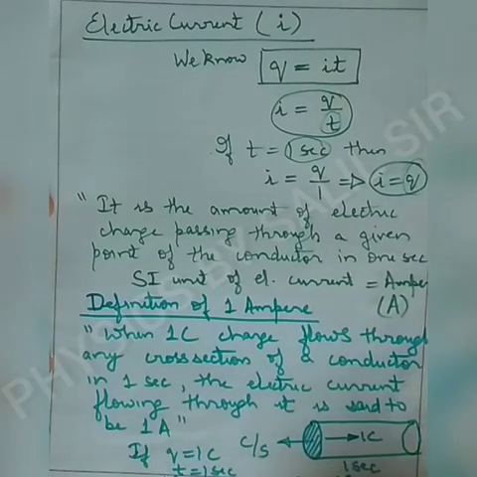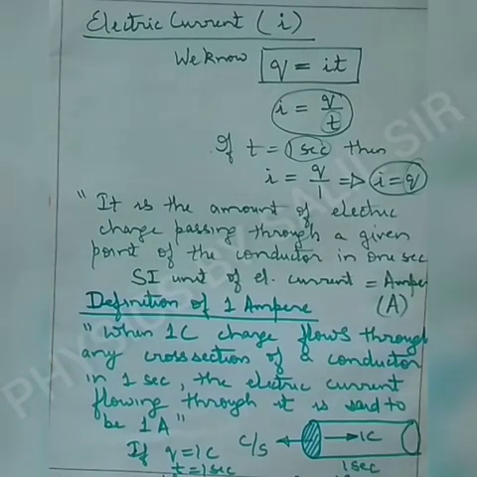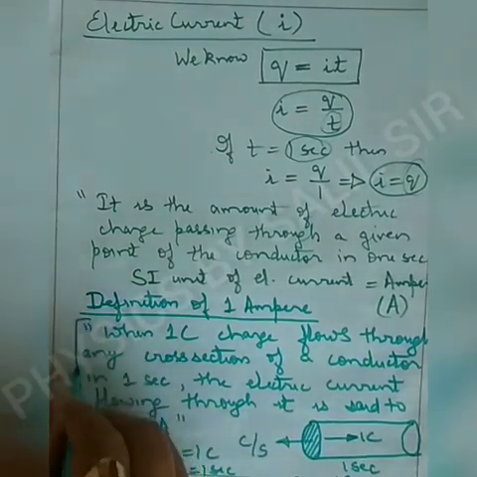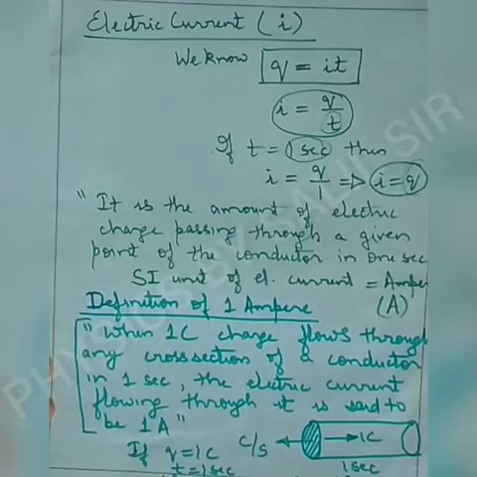So coulomb per second is ampere. Based on this formula, we are able to define 1 ampere.